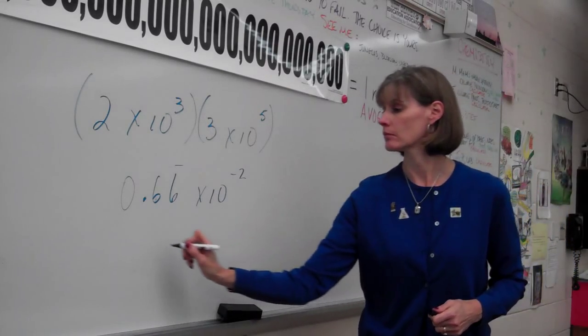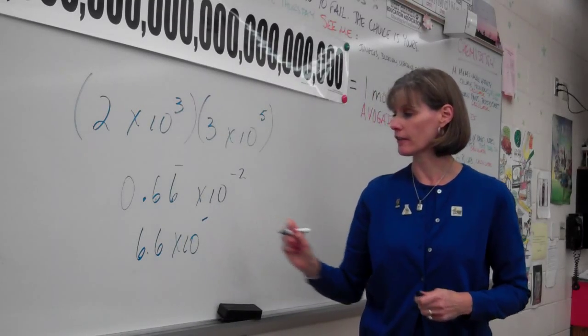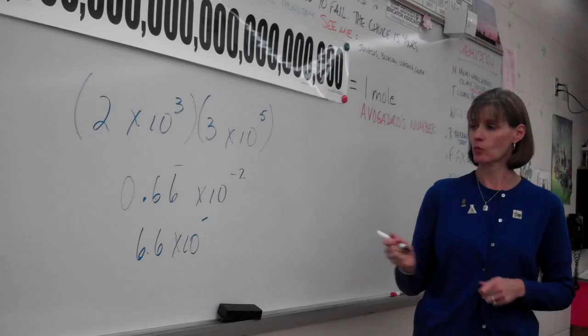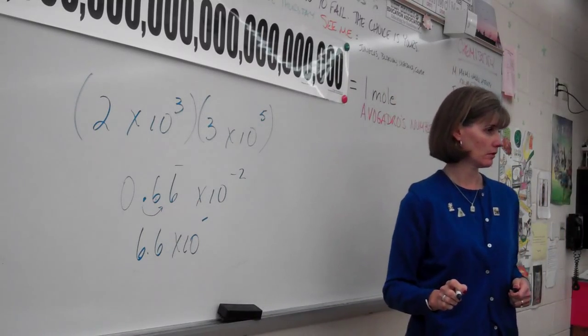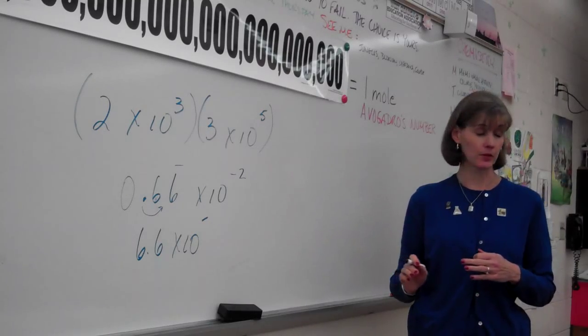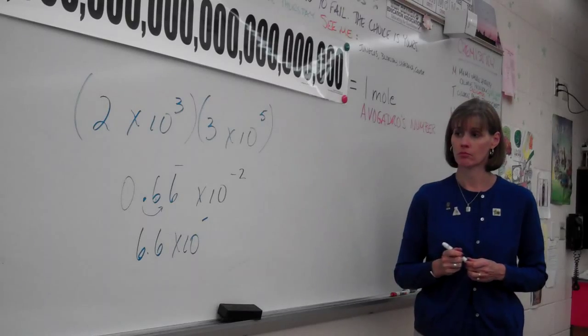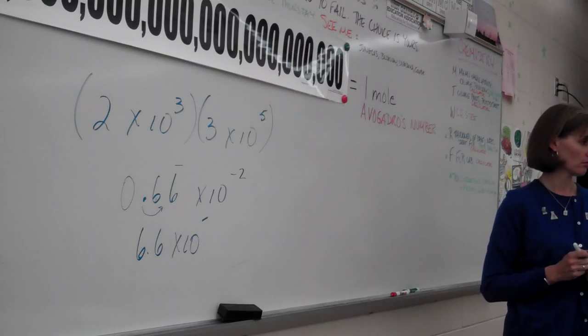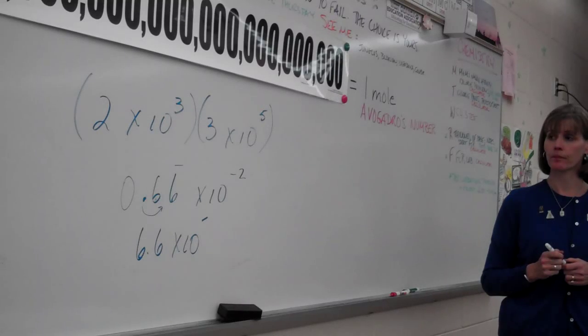6.6 times 10 to the negative what? Because this is going the opposite direction or the same direction? It's getting bigger, so what do we do to our exponent? Bigger, smaller?